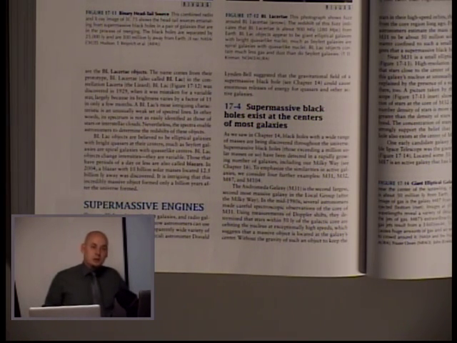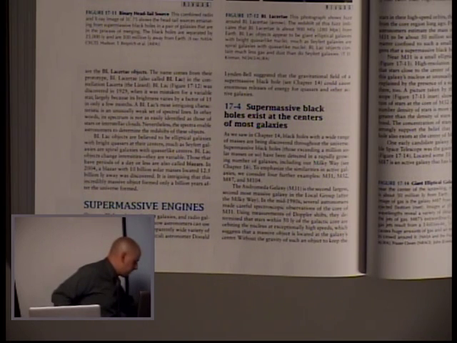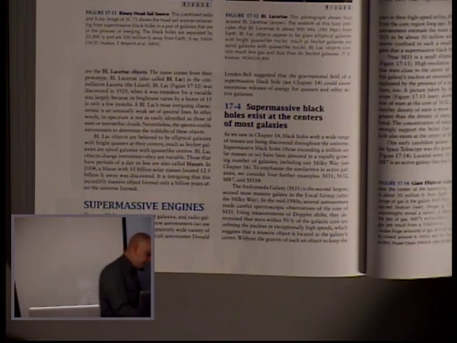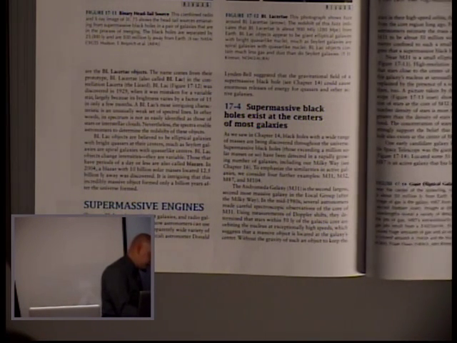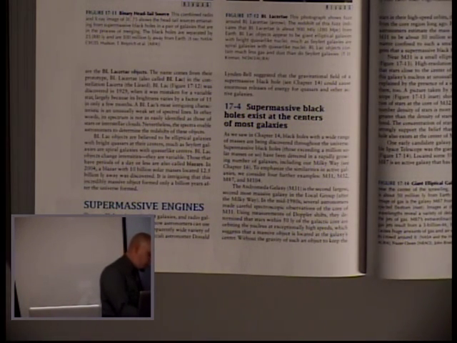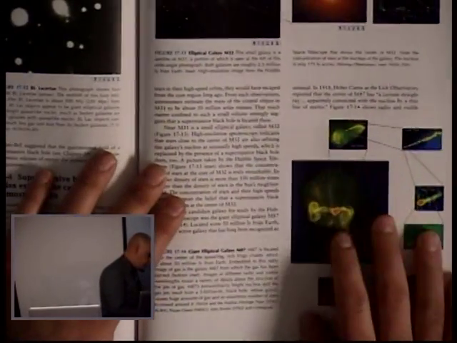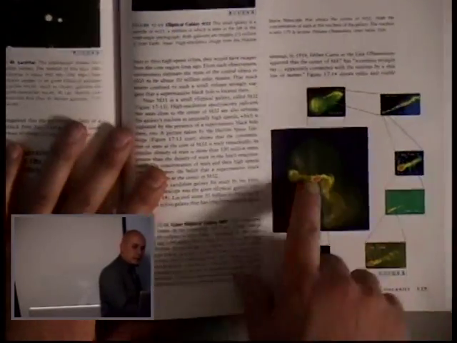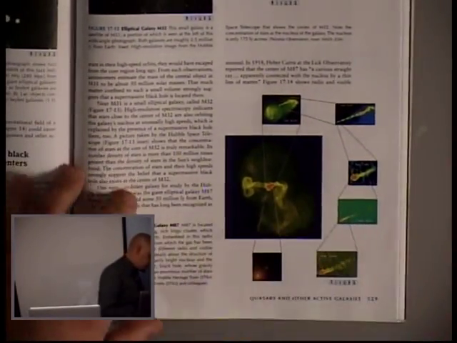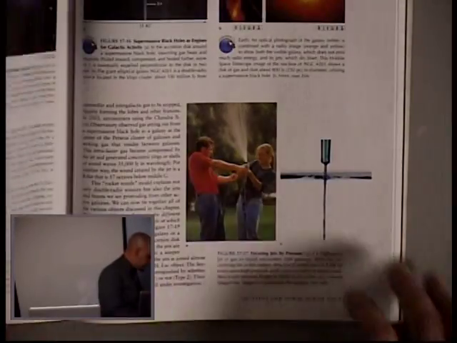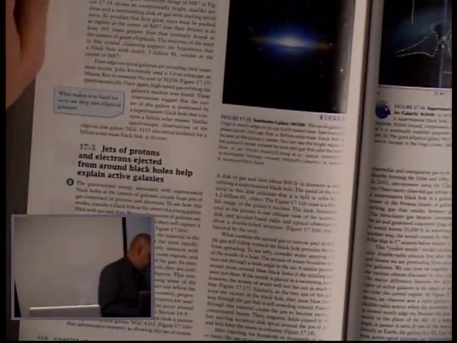And that appears to be the motor, if you will, that keeps these things going. And so there's a lot of exciting stuff about what must be going on in order to create this black hole at the center of the galaxy, and how this is essentially the core of the galaxy that is holding the thing together. And they show you some great diagrams inside of it. Here's M87, which is an elliptical galaxy, showing you the diagram of why we think that there are black holes at the center of those galaxies.